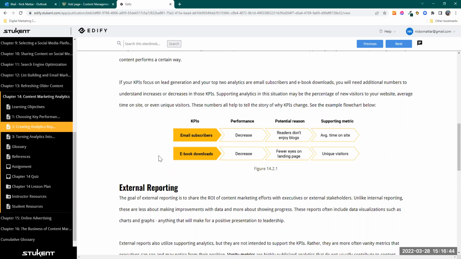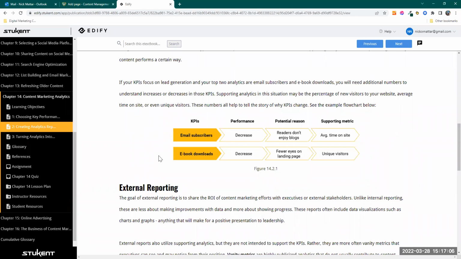You acquired 500 new subscribers last quarter, and this quarter you only got 250. Why could that be? It's really important to think outside the box and think about what could have caused this. Obviously, if there are fewer subscribers, that means there are fewer eyes on the site. I think that's a pretty good assumption.